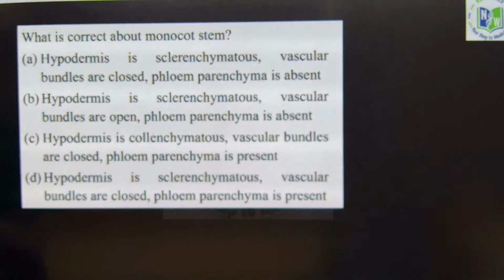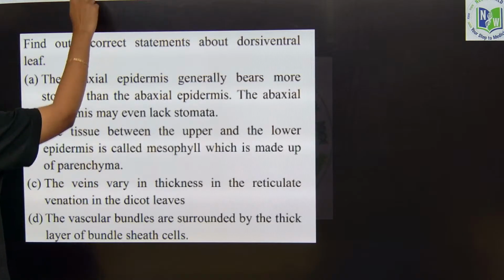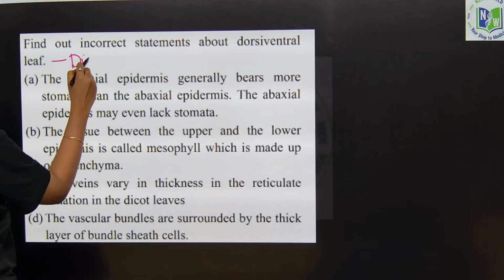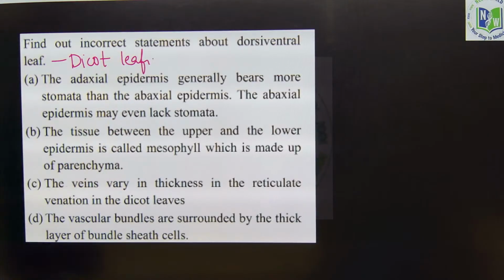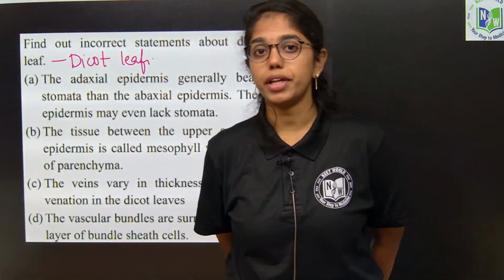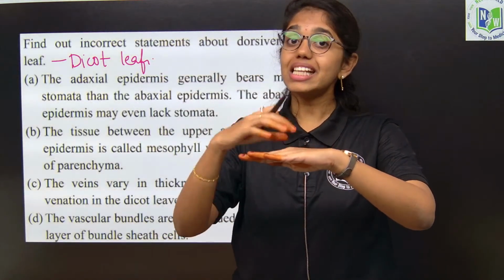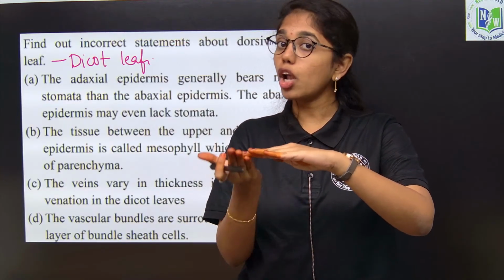Okay. Next question. Find out the incorrect statement about dorsiventral leaf. Dorsiventral leaf or dicot leaf is one and the same. Here you have to know what is the adaxial epidermis and abaxial epidermis. Adaxial epidermis is the dorsal epidermis or the upper epidermis. Abaxial is ventral or lower epidermis.